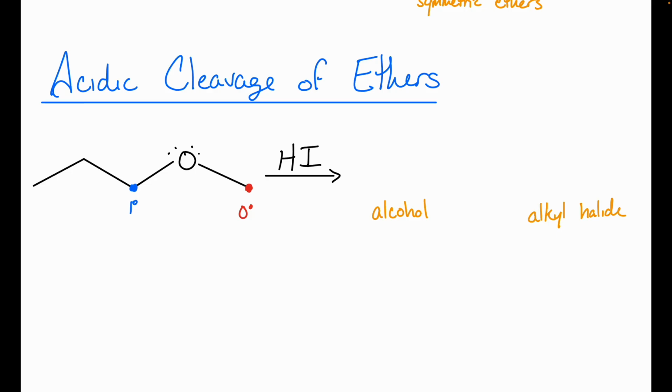So that means that the more accessible fragment is going to have my halide ion, or now I guess my halogen, and that less accessible fragment will be my alcohol. It's too big.